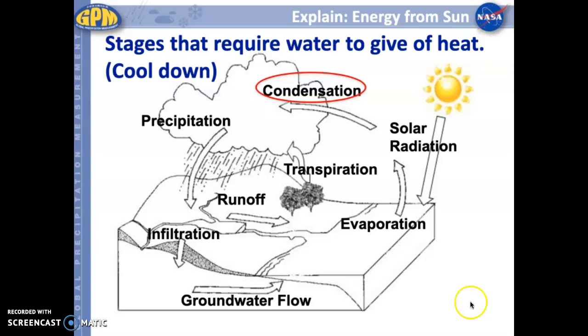Again, we had evaporation and transpiration happen. Our water molecules warmed up and they rose up into the atmosphere as a gas. Once they get up high enough and cooled down enough, they will condense from a gas back into a liquid, and then a bunch of those droplets together will form clouds.